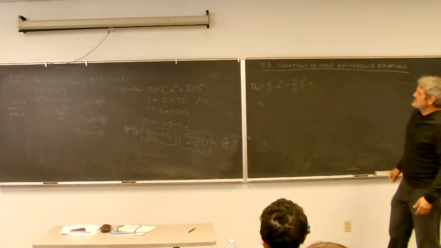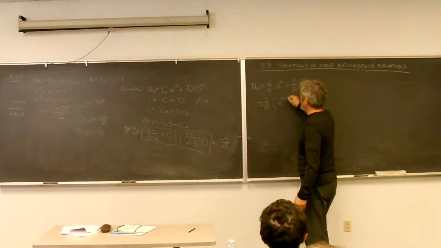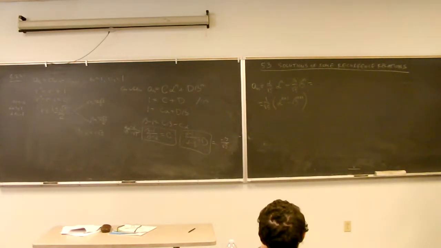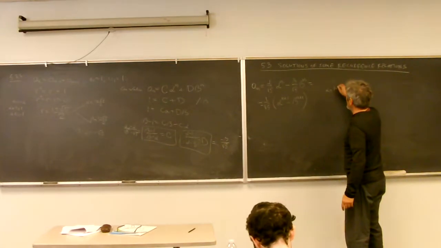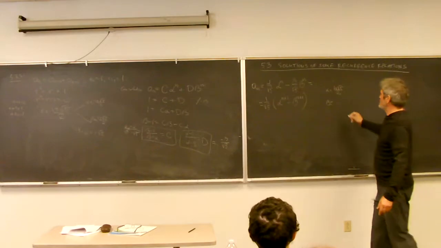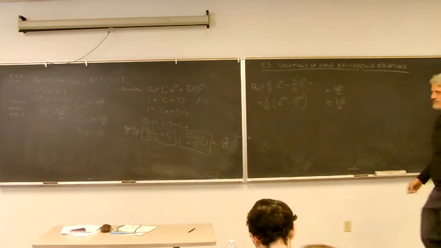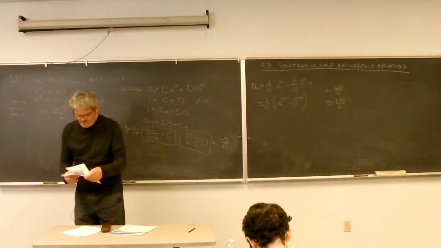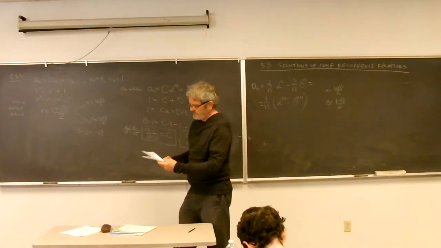I can pull out 1 over root 5, and I get alpha to the n plus 1 minus beta to the n plus 1. Well, let's recall alpha and beta. Alpha is 1 plus root 5 over 2, and beta is 1 minus root 5 over 2. Let me check my calculation. Yeah, good.